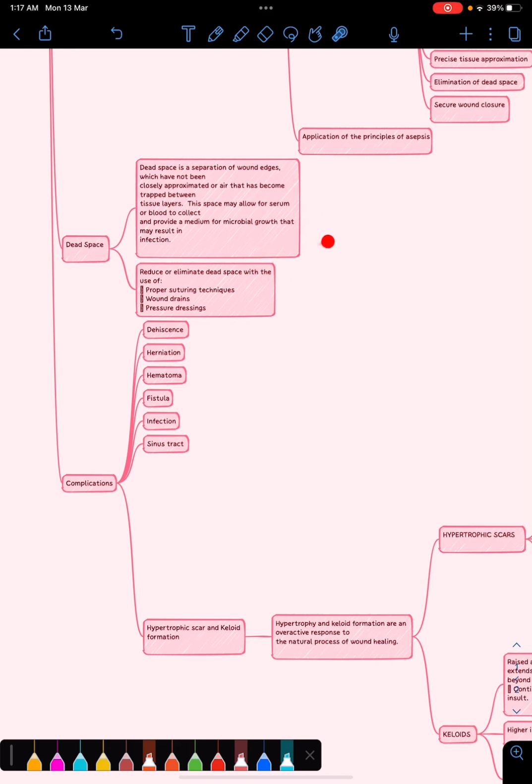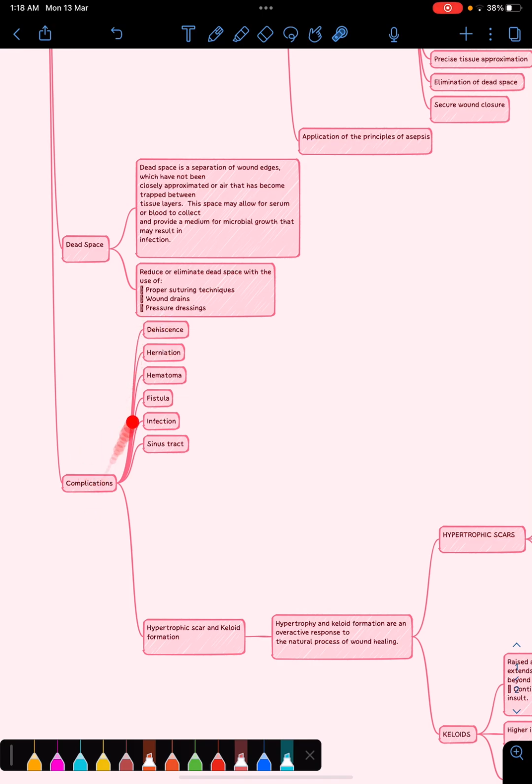So the surgeon has to be very aware to close these spaces. Reduce or eliminate a space with the use of proper suturing techniques, wound drains, to not have any empty spaces. Pressure dressings as well help to minimize those spaces.